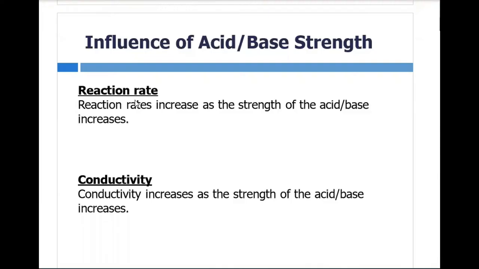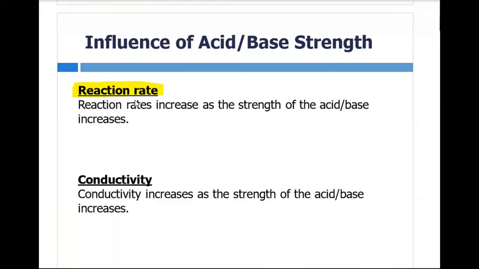With that in mind, we're going to start looking at the influence of acid and base strength with regards to reaction rates. Please don't think that it's any different now, because it's the strength of an acid and a base. On reaction rate, what happens is the reaction rate increases as the strength of the acid or the base increases.